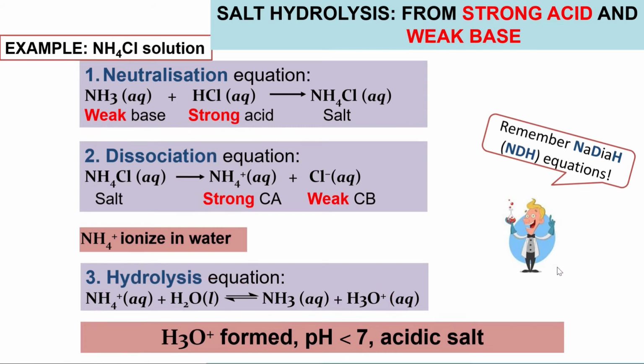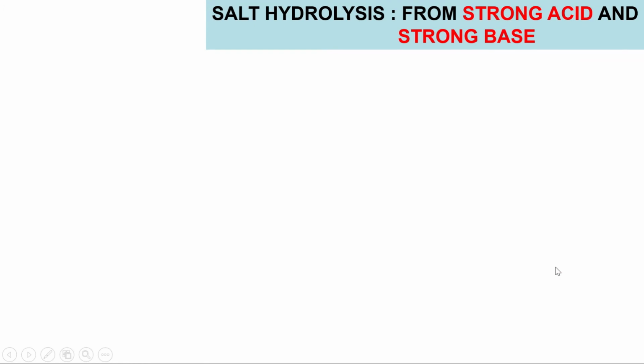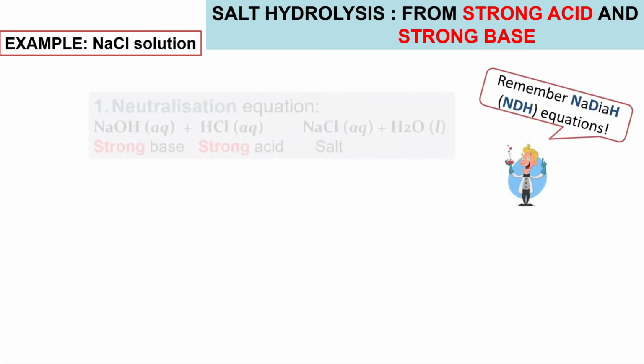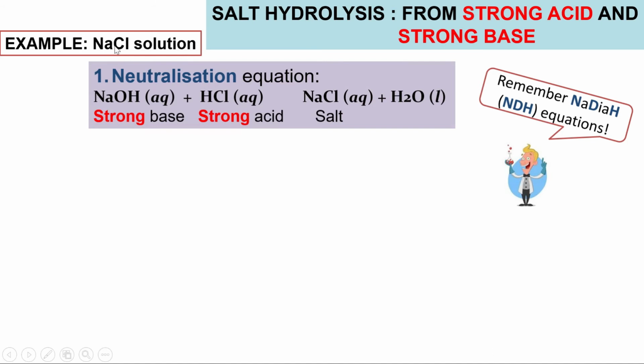Simple, right? Then the last one, we are going to look at the salt formed from the neutralization reaction between a strong acid and a strong base. For example, we have NaCl solution. First, remember you must write down the correct neutralization equation. Since NaCl comes from NaOH and HCl, NaOH is a strong base and HCl is a strong acid.